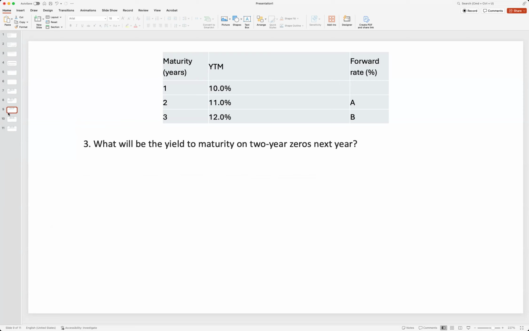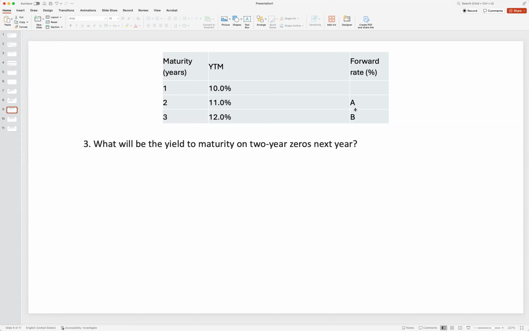Question 3. What's going to be the yield to maturity on 2 year zeros next year? So we're standing at year 2, and we're looking at the investment return if we invest in year 2 and year 3, in the long-term bonds, which is the 2-year bonds.